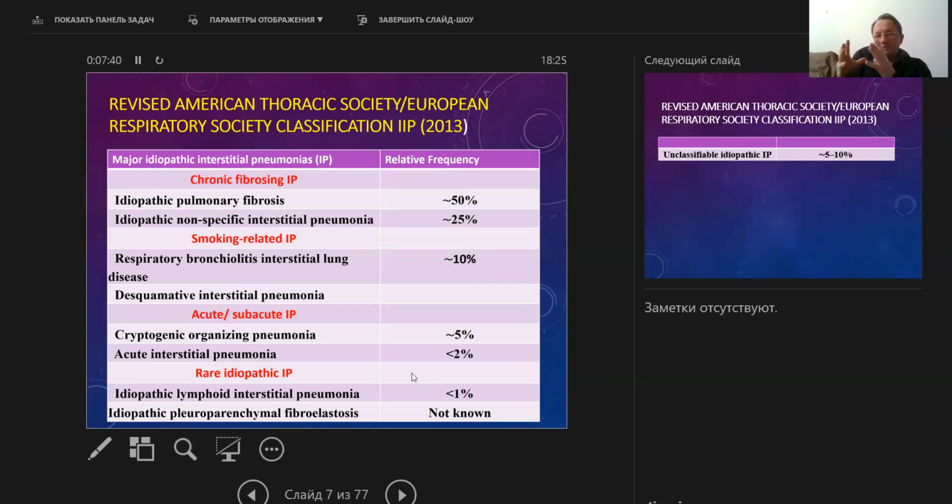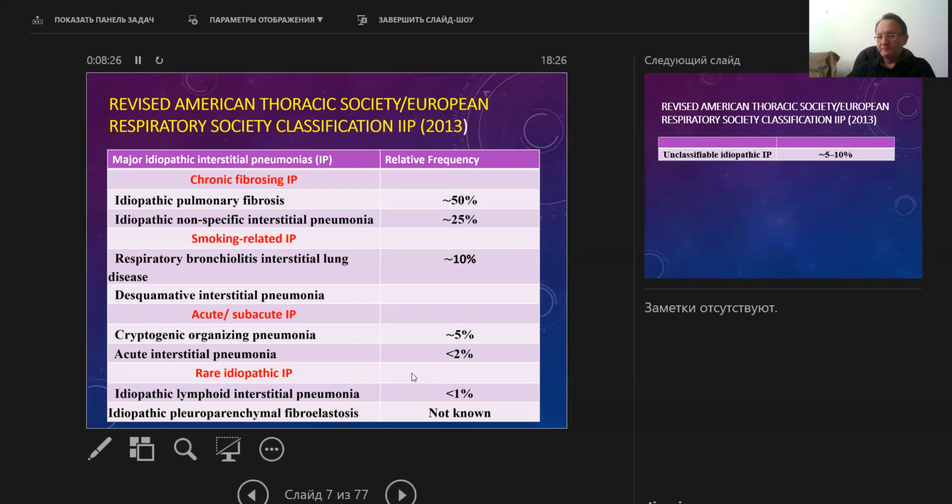According to the revised American Thoracic Society and European Respiratory Society classification of idiopathic interstitial pneumonia, now we have several groups, including chronic fibrosing interstitial pneumonia, including idiopathic pulmonary fibrosis, approximately 50% among all idiopathic interstitial pneumonias, and idiopathic non-specific interstitial pneumonia, 25%.